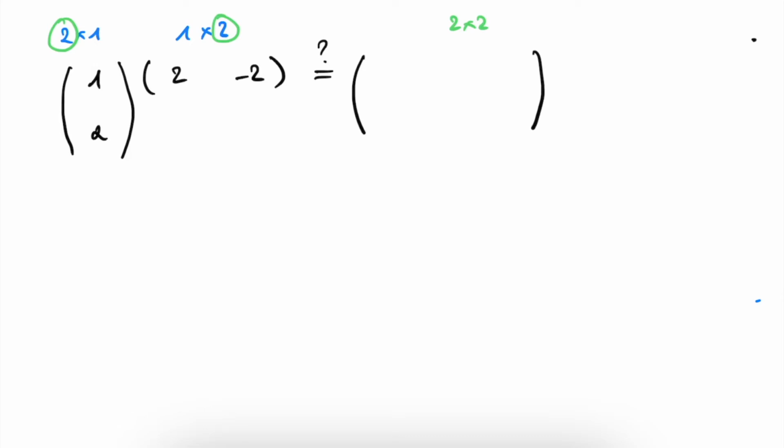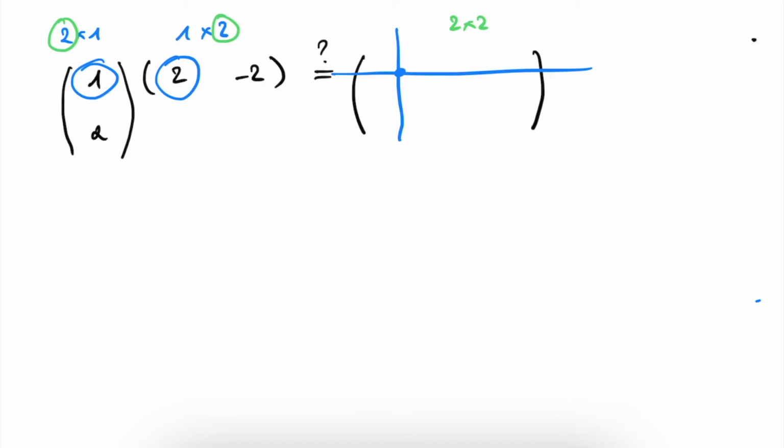We'll be getting a 2 times 2 matrix, which means 4 elements to calculate. The first element is on the first row and the first column. To calculate this element, we'll be looking at the first row of the first matrix and the first column of the second matrix.